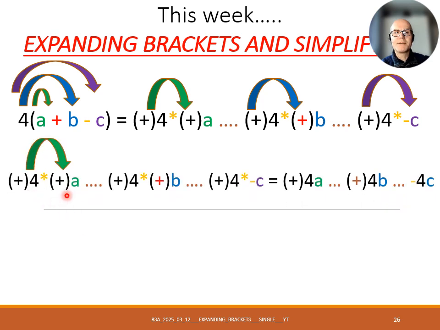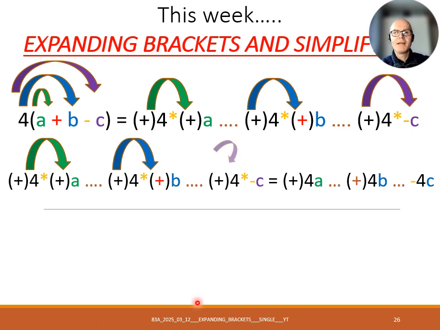So we've got positive 4 times positive A, positive times a positive equals a positive, positive 4A. Positive 4 times positive B, positive times a positive is a positive answer, positive 4B.